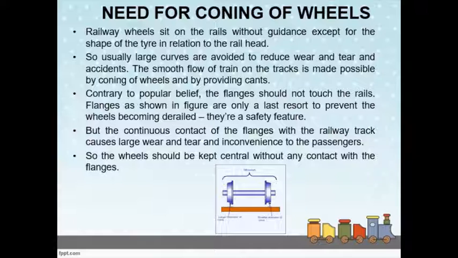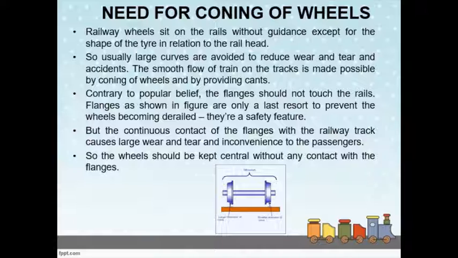Contrary to popular belief, the flanges should not touch the rails. Flanges, as shown in the figure, are only a last resort to prevent the wheels from becoming derailed. They are a safety feature. But continuous contact of flanges with the railway track causes large wear and tear and inconvenience to the passengers. So the wheels should be kept central without any contact with the flanges.